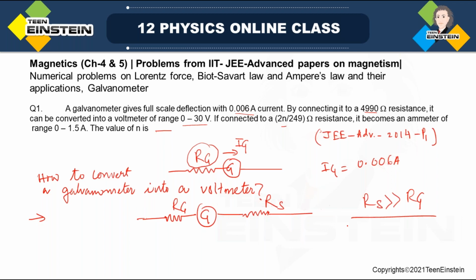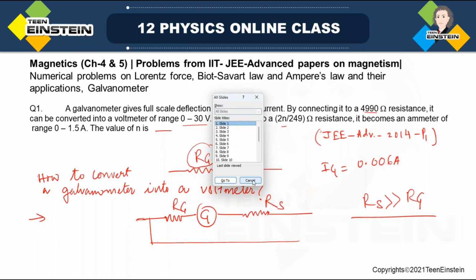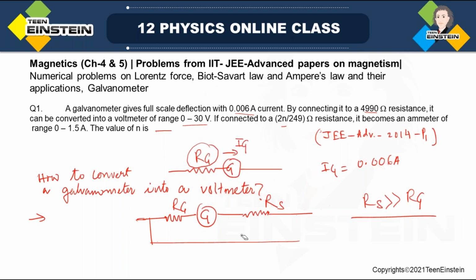Okay, we have to connect the galvanometer in series with a very high external resistance, then it will be converted into a voltmeter. Okay, now see in the question, so it can act as a voltmeter now.